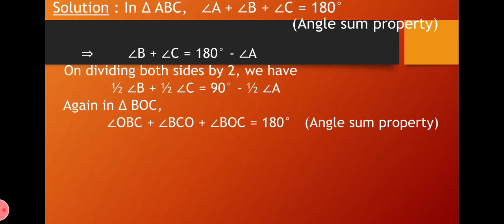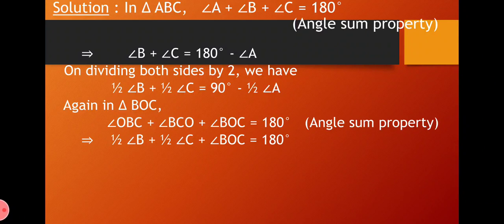Now again in triangle BOC, angle OBC plus angle BCO plus angle BOC equal to 180 degree. This is again according to angle sum property. Sum of all the three angles of the given triangle is 180 degree. But we write in place of angle OBC, we write half of angle B, because OB is the bisector of angle ABC.